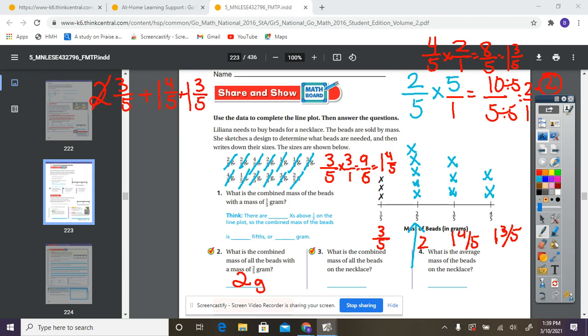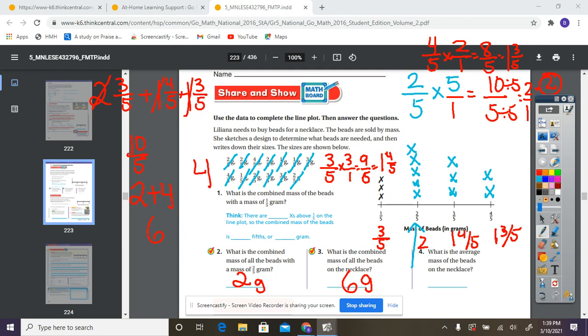So 2, 3, 4. 4 is our whole number. So 3/5 plus 4/5 is 7/5 plus 3/5 is 10/5, which is equal to 2. So I have 2 plus 4, and that's equal to 6. So 6 grams is the total mass of everything on that line plot.